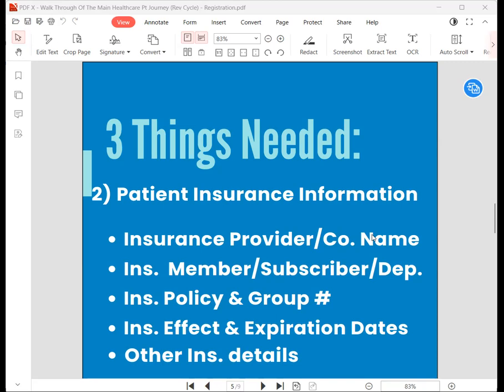The next one would be the effective and expiration dates. Effect means effective. By this I mean when the insurance starts and when it's set to expire. Like I said before, there usually is an enrollment period within the insurance. Usually, if someone is continuing with the same insurance, all they have to say is that nothing has changed.